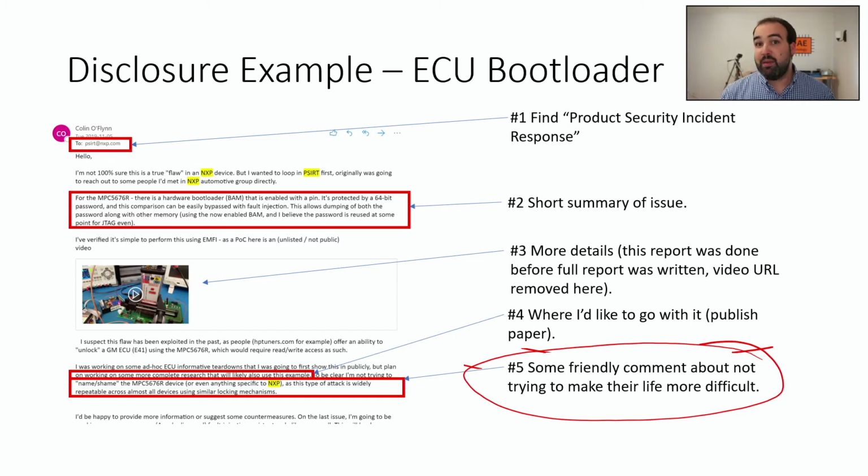Maybe some bugs you run across are really bad. This was not one of those. This was a classic case where it's very standard across the industry. I happen to find one particular vulnerability on one particular device, but it's hardly worth trying to point out the company as being the issue here. What I'm trying to get eventually is some permission to publish this research.